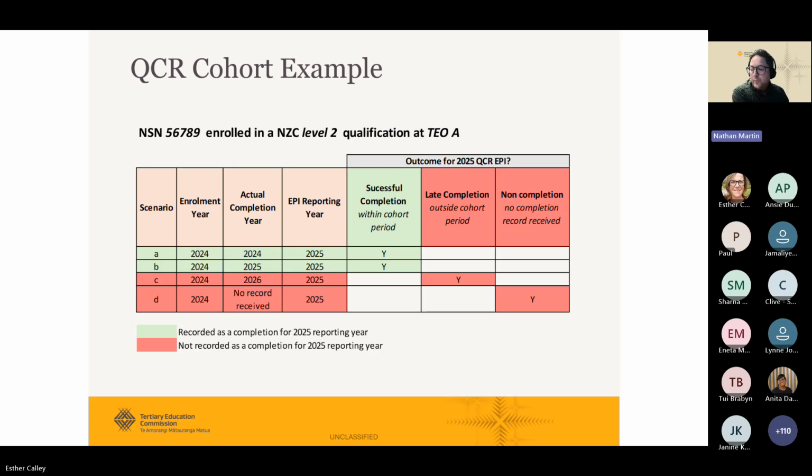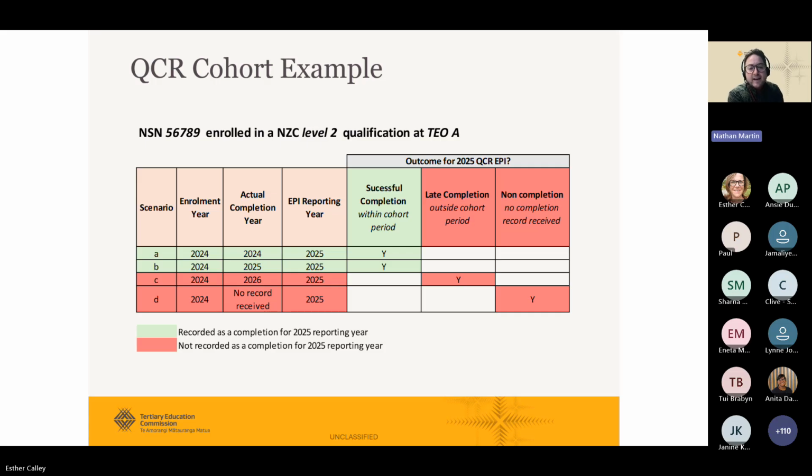In this table, we wanted to illustrate an example of a single learner enrolled in a level 2 qualification. In this example, the learner first enrolled in 2024, which is the cohort start year. The cohort length is 2 years, so the cohort ends on the 31st of December 2025, and the outcome is reported in the 2025 reporting year.